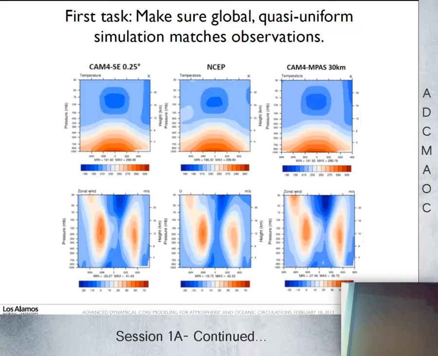Here is zonally integrated temperature, and here is zonally integrated zonal wind. The only thing I want to say here is that this does look like planet Earth, and it's doing a fair job of reproducing the observational data set.